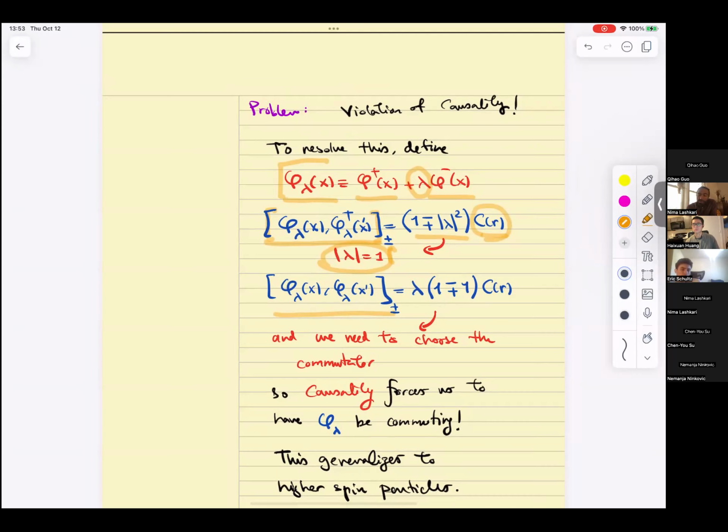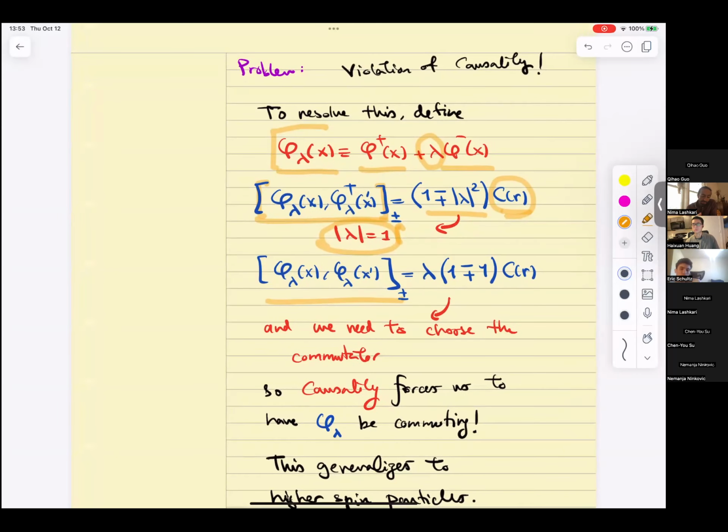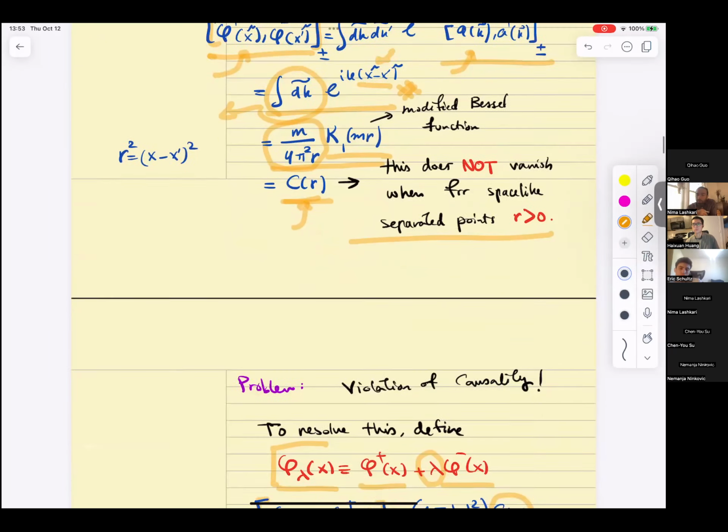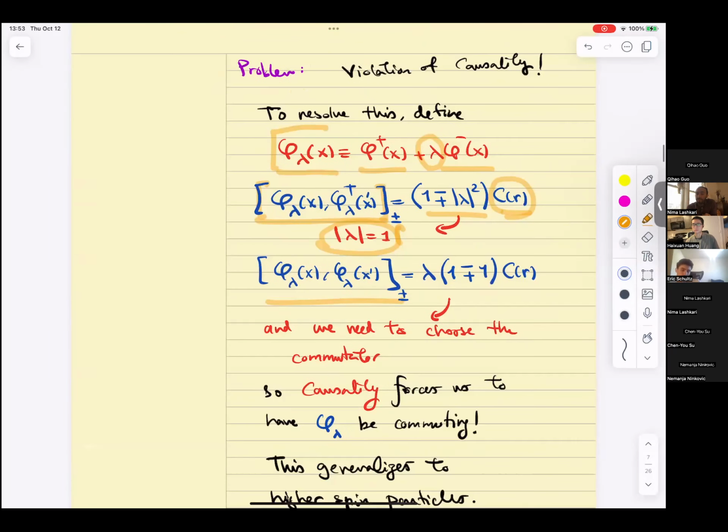Of course, C of R doesn't vanish. C of R is precisely this bit that I just defined here. Therefore, the only way for this to vanish is that the coefficient vanishes, which is the norm of lambda equal to 1. In the case of the real scalar field, the case that we just worked out, lambda was equal to 1. The field was a scalar, so this equation was not there to worry about.